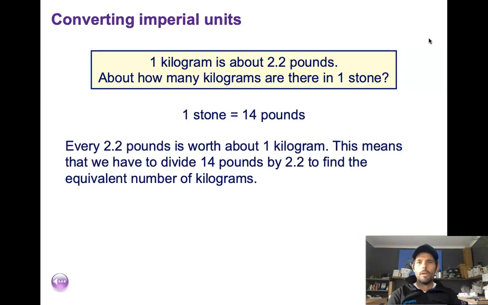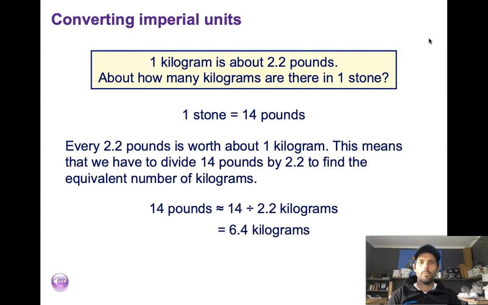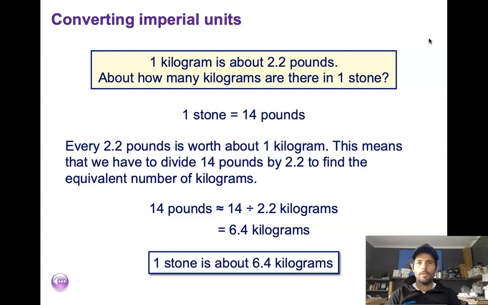We have that information. As I showed you, every 2.2 pounds is a kilogram. So we need to divide the 14 pounds by 2.2, and that will give us about 6.4 kilograms. Okay, so 1 stone is 6.4 kilograms.